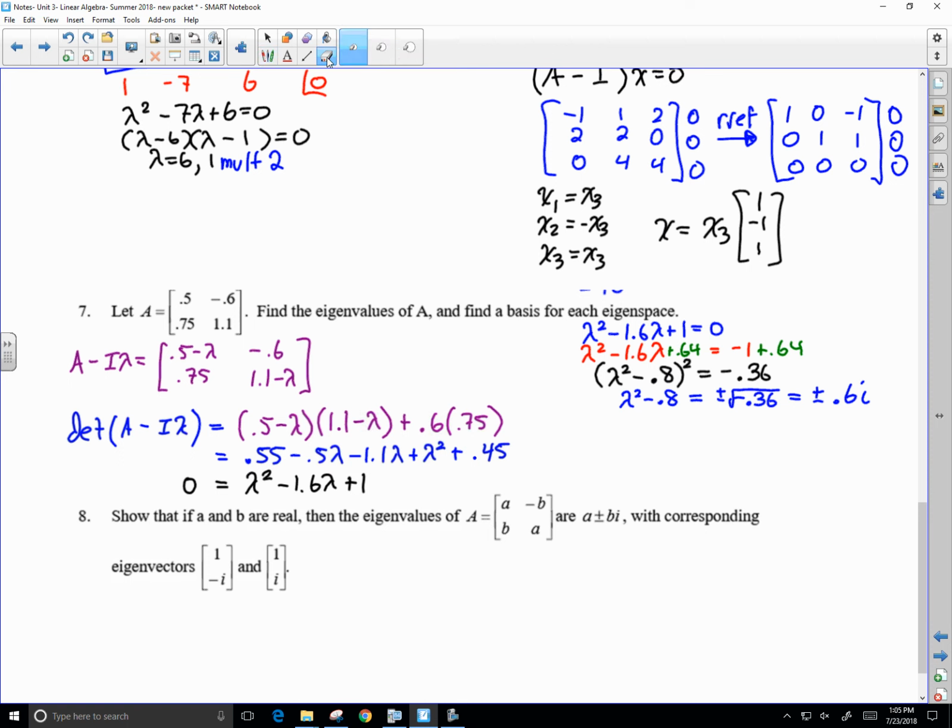Oh, sorry, that should be a lambda on the inside of my binomial. So lambda minus 0.8 equals plus or minus 0.6i, making lambda equal to 0.8 plus or minus 0.6i. So we have two complex eigenvalues. All right, and so you can write them separately.